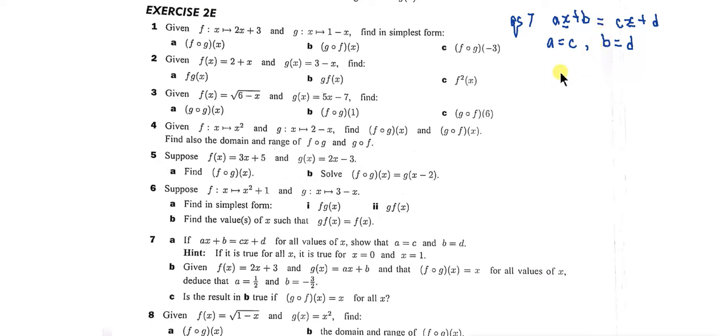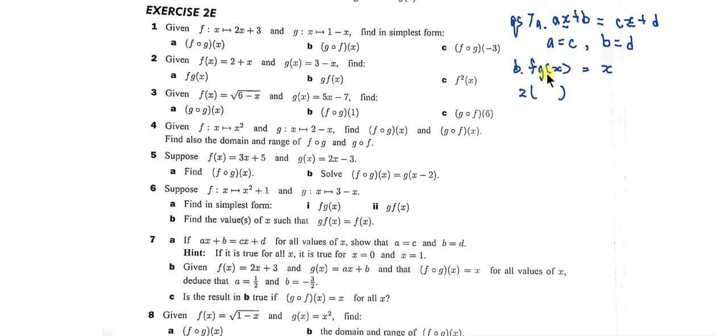Now let's look at this part here. F d f. This a, this b. Okay, fgx is actually 2.